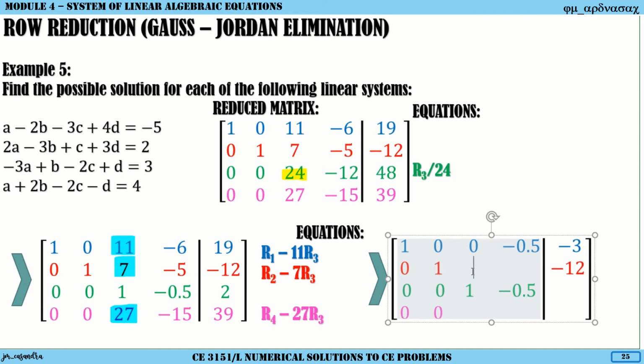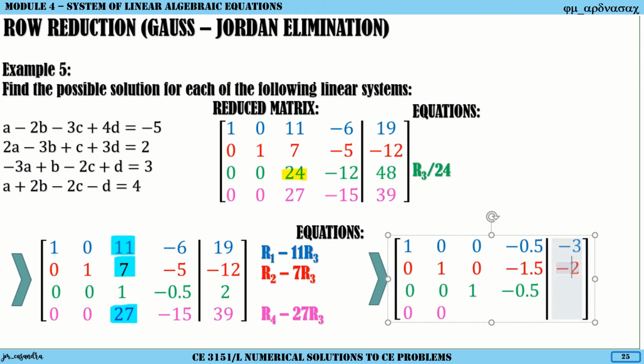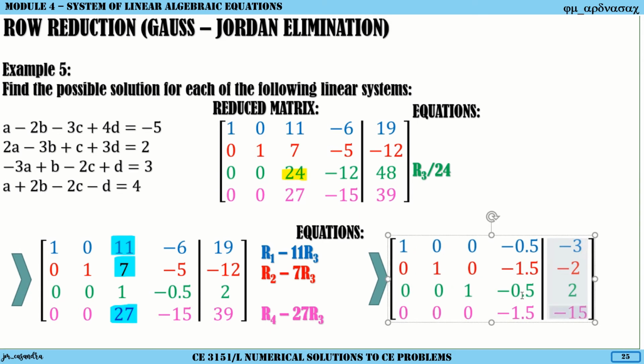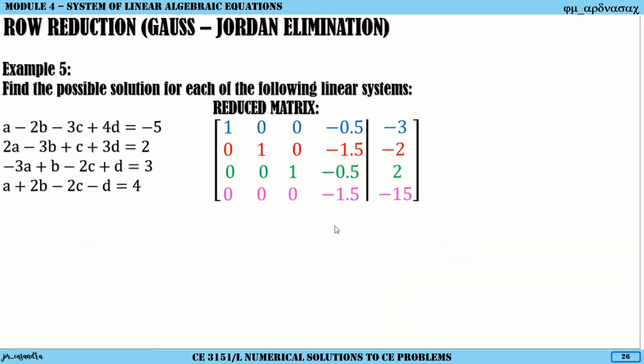For the second row, we'll have 0, and then negative 1.5. This one is negative 2. And then for the fourth row, that will now be equivalent to 0, negative 1.5, and negative 15. So the last column will be reduced as well.